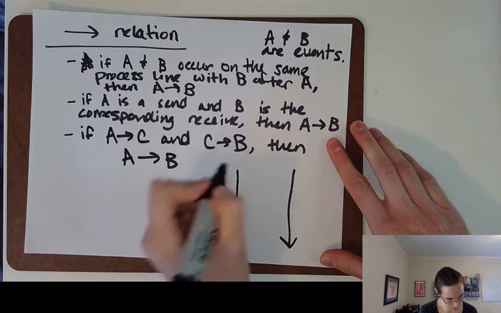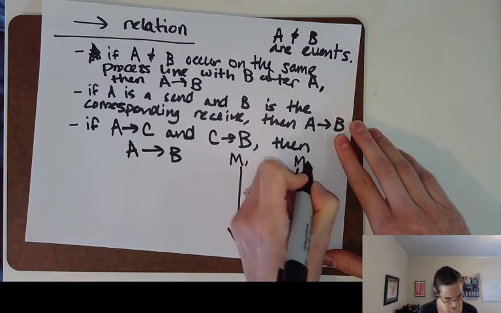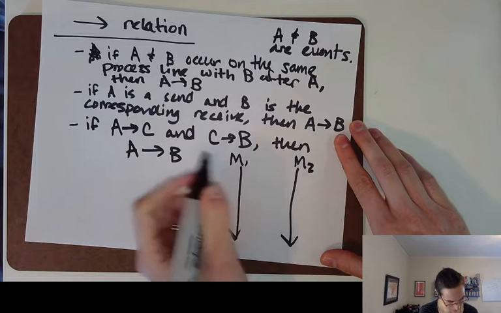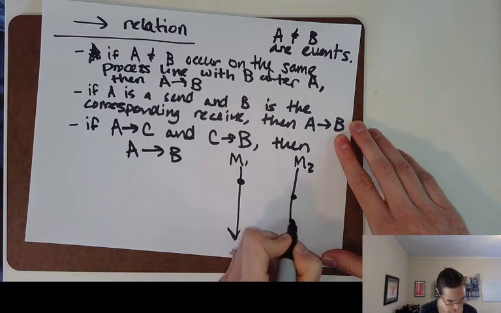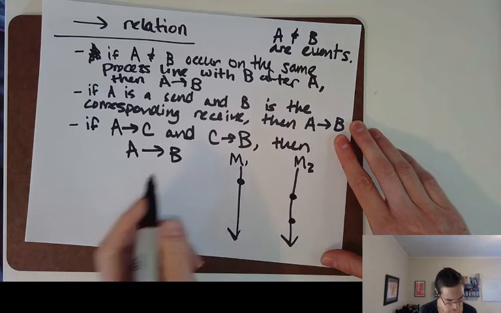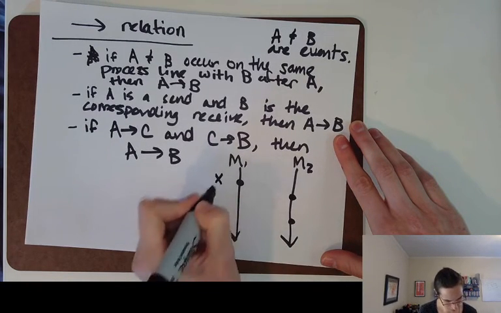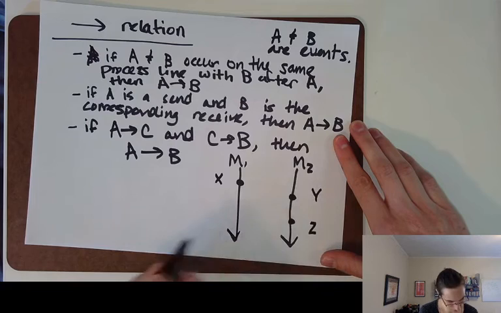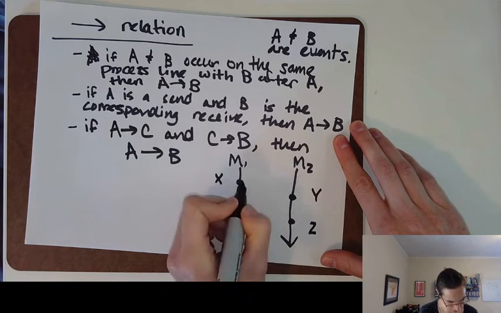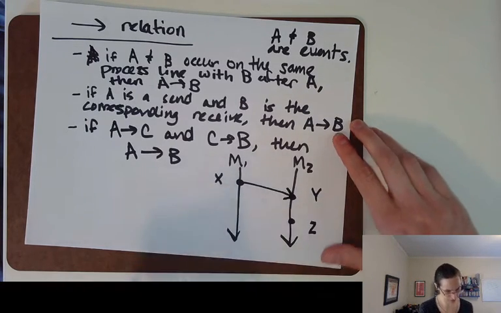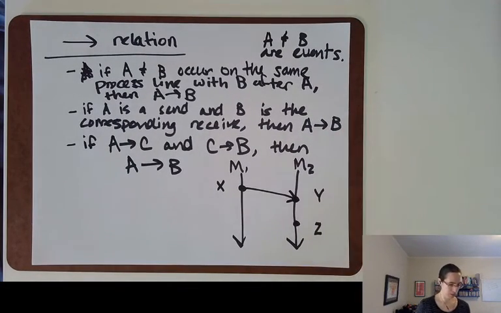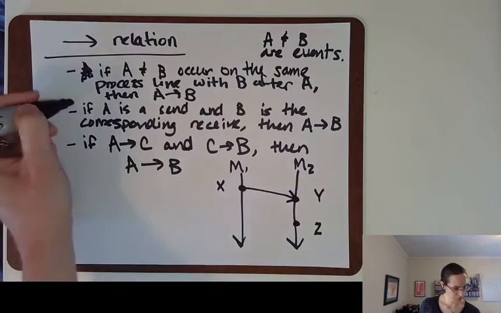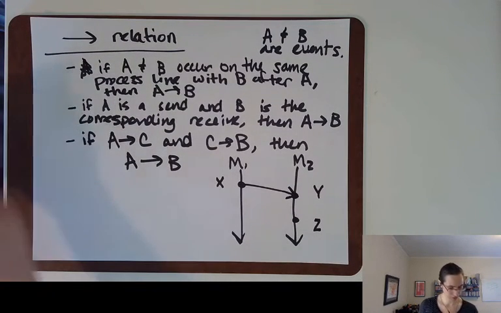So if you have, say, M1 and M2 here, and you have some events that happen on those processes, and let's say you have event X here, and events Y and Z here, and X happens to be a send, and Y is a receive, then we know that X happened before Y because that's this second part of the definition.